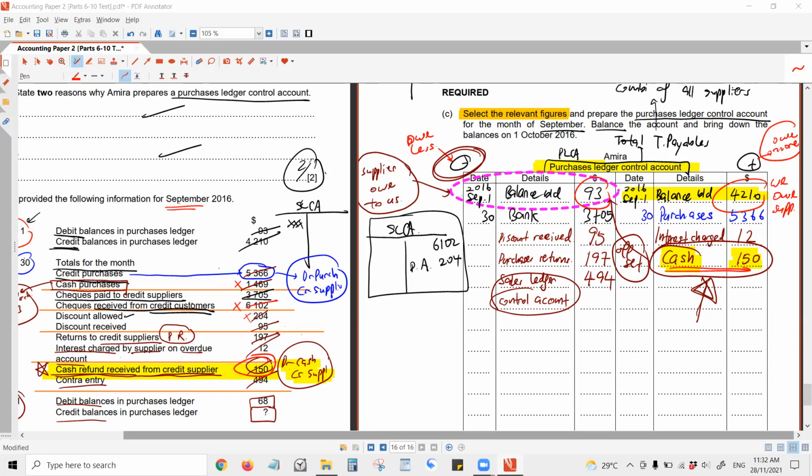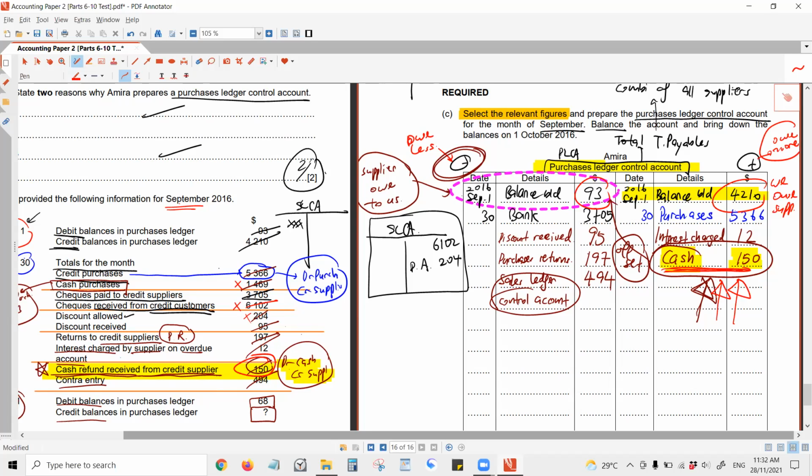Why is the 150 also the supplier owing us money? No, the 150 is not the amount that the suppliers owe to us. Let me try to see this again. Okay, so Yishin, you're asking why this is on the credit side, right?